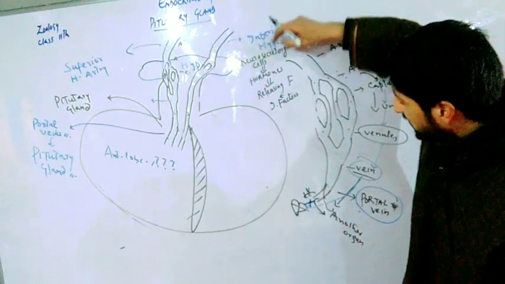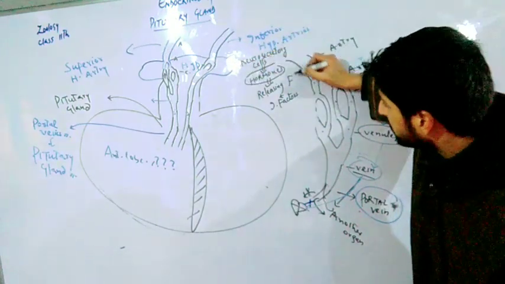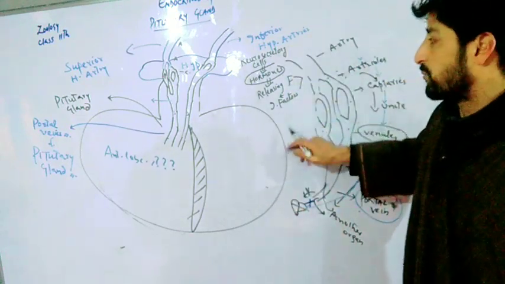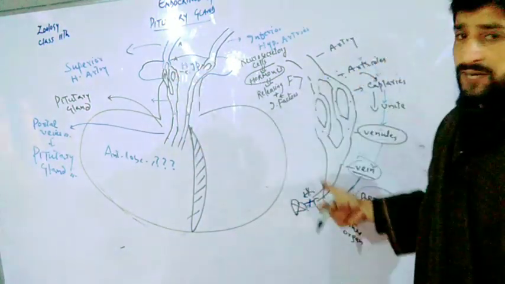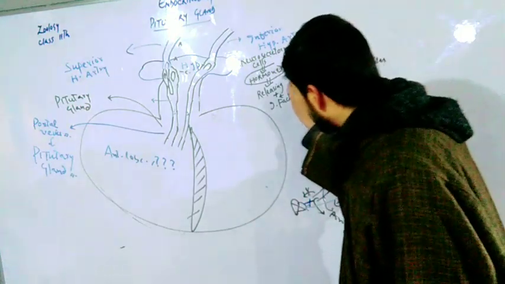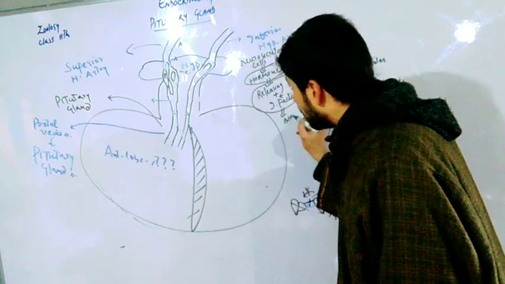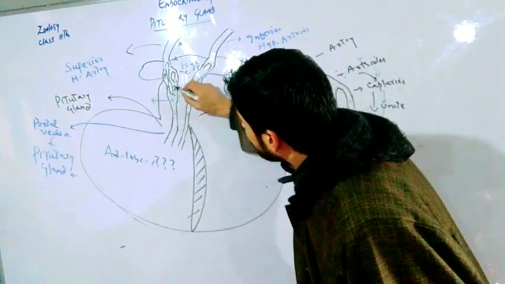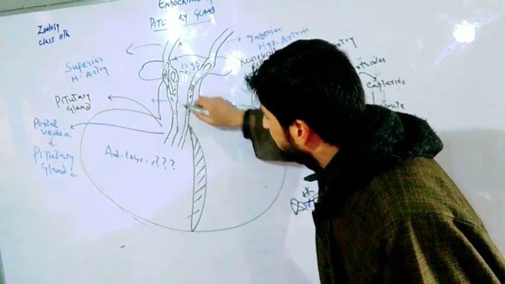Now, the hypothalamus contains neurosecretory cells. These neurosecretory cells produce hormones, known as releasing hormones and inhibiting hormones. Both releasing factors and inhibiting factors are produced from the hypothalamus.